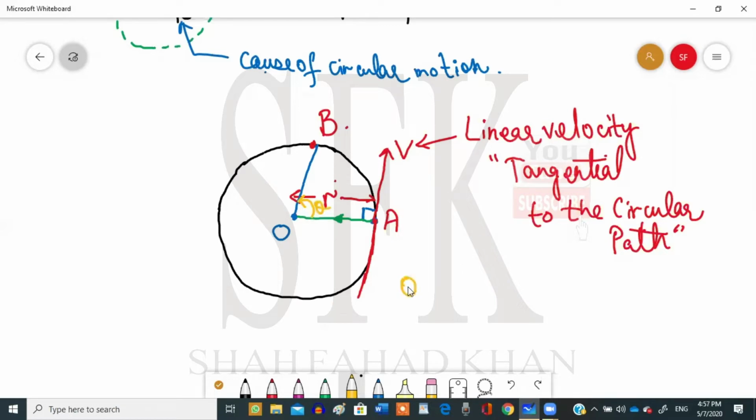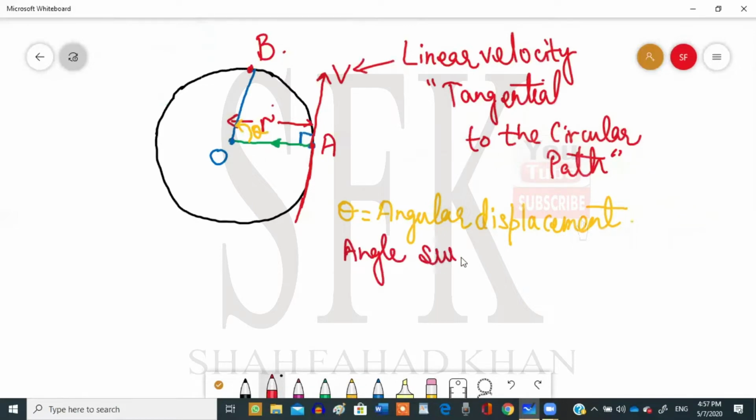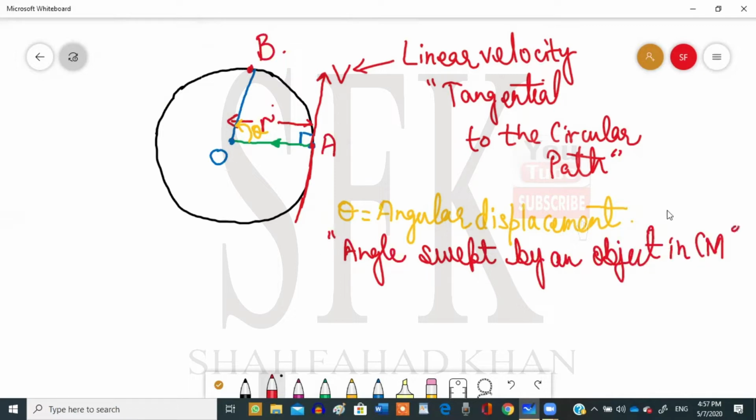This angle is known as the angular displacement of the object. The angle swept by an object in circular motion is angular displacement.